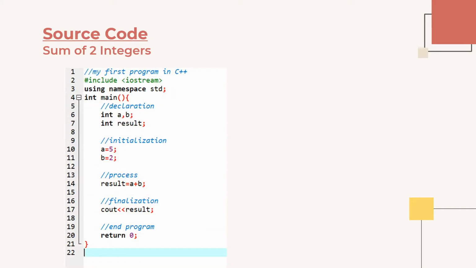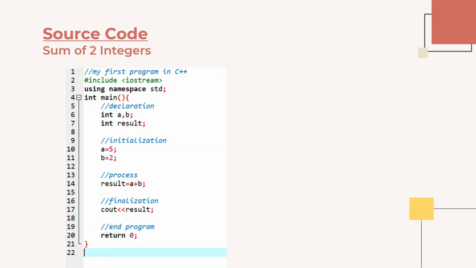Then I will show you an example of a program using basic data types. This program makes the sum of two integers. You can see the program in this picture. The program starts with the include iostream header, then using namespace std, and then the main function, int main, then brackets, then an open curly bracket.